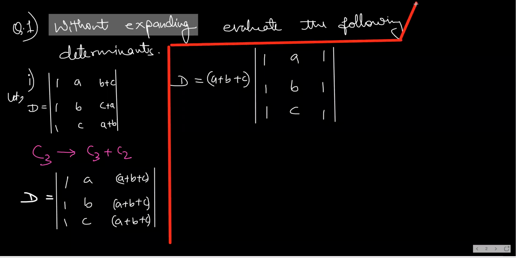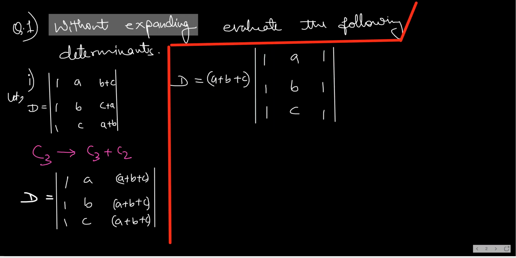Now, you notice that column 1 elements and column 3 elements are identical. So this is also a property. If all the elements of a particular row or a column are identical, the value of that determinant is 0. So the value of this determinant is 0.